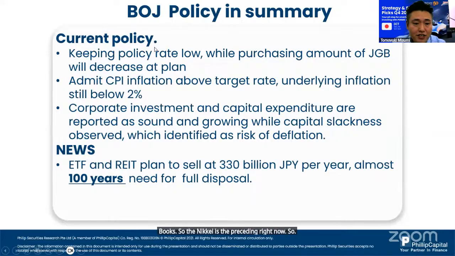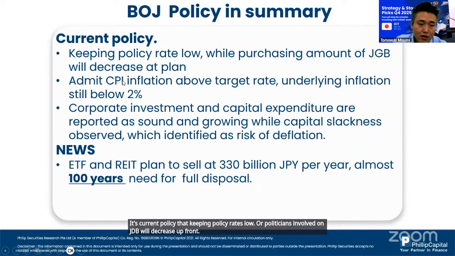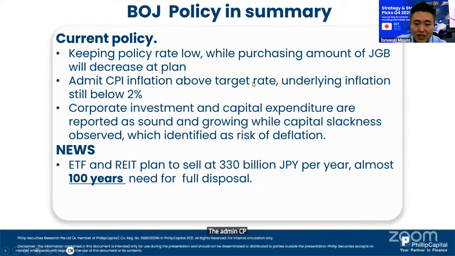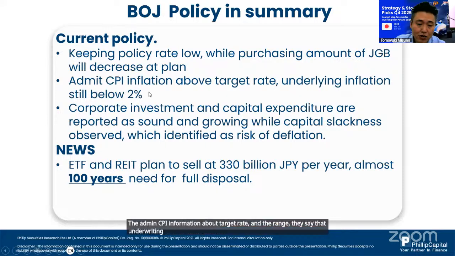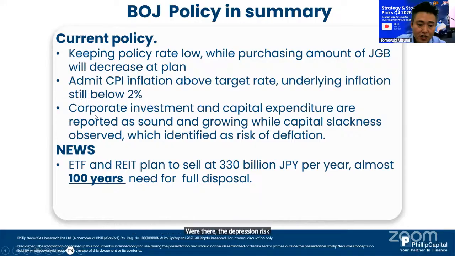So, BOJ policy in summary: the current policy is keeping the policy rate low, and the purchasing amount of JGBs will decrease as planned, until CPI inflation is above the target rate. They say the underlying inflation is still below 2%, or that the deflation risk still continues.